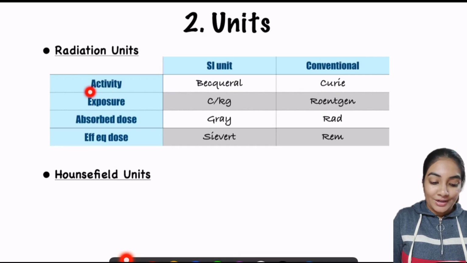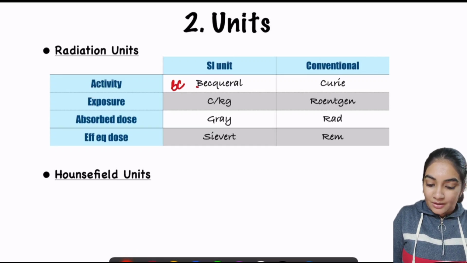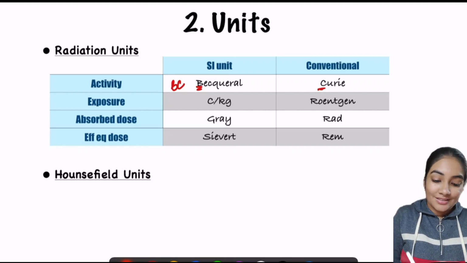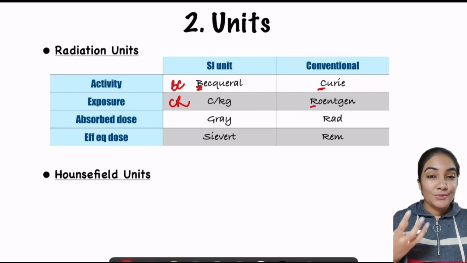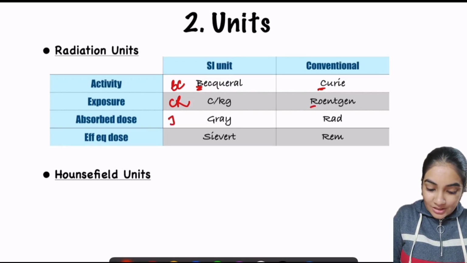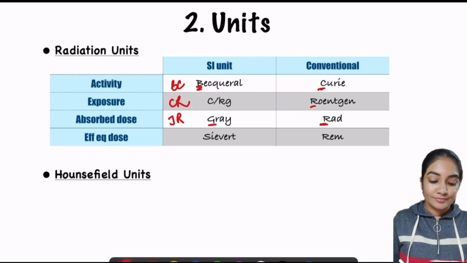So units for radioactivity is actually BC, becquerel and curie. Now who's the most exposed? Your batch, CR, so coulomb per kg and Rontgen. Now absorbed. When do you absorb knowledge? In what phase of your medical journey? It's your JR, Gray and Rad.